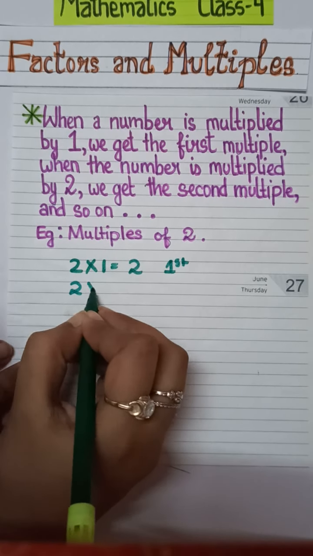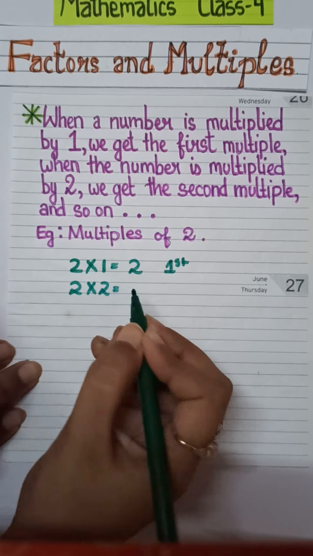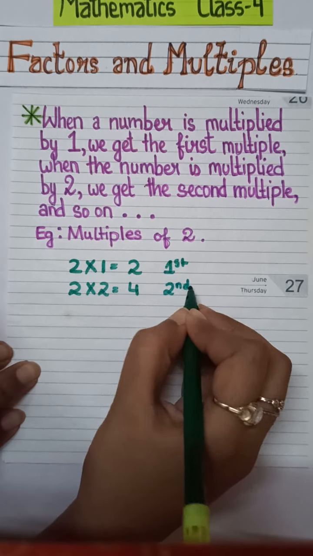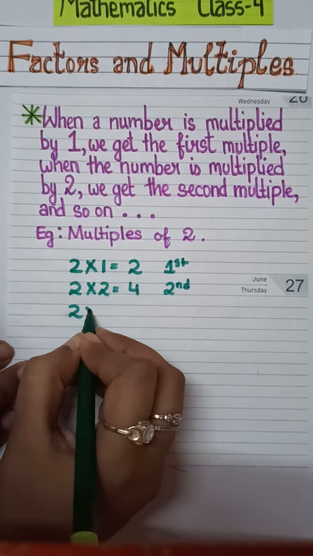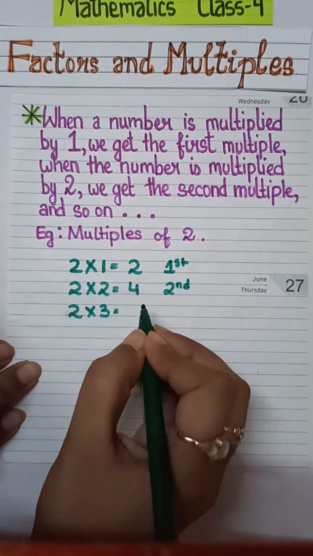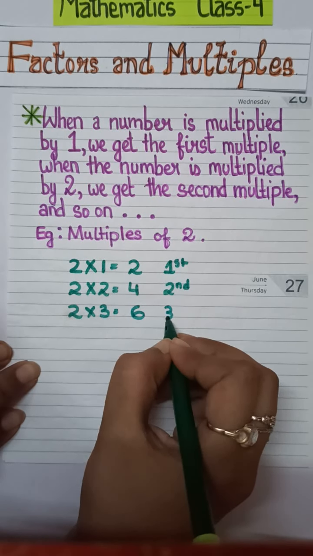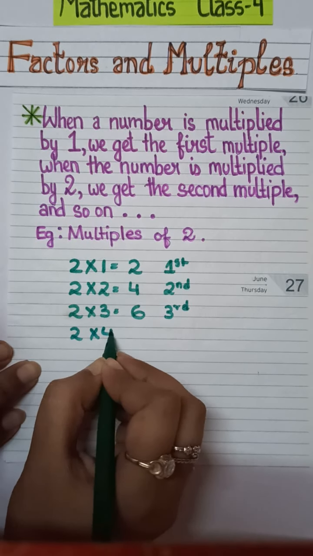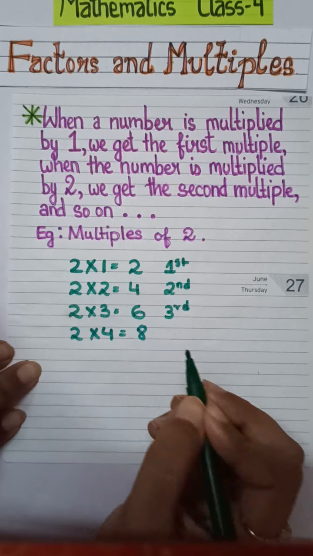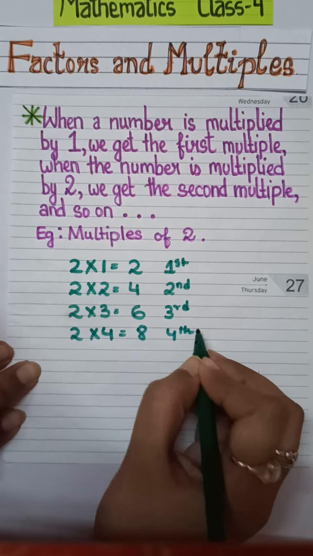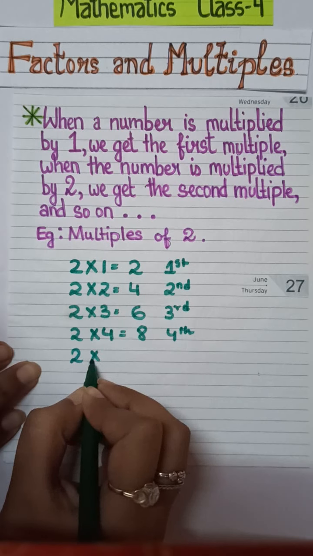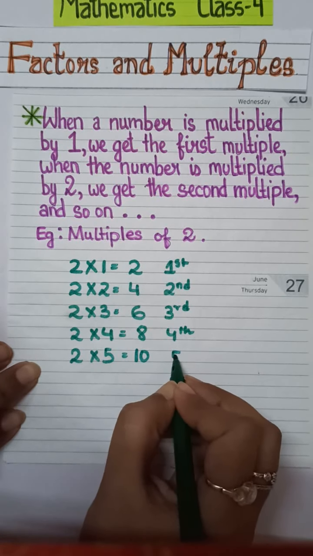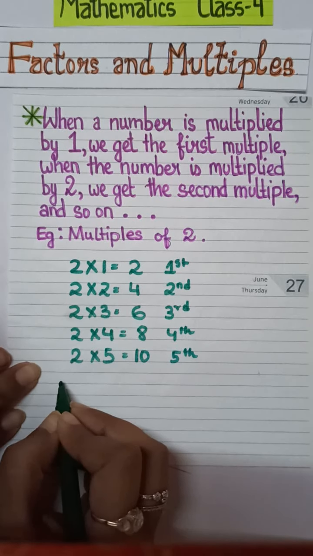Then 2 multiplied by 2 is equal to 4, our second multiple. 2 multiplied by 3, 6 is our third multiple. 2 multiplied by 4, 8 is our fourth multiple. 2 multiplied by 5 equals 10, our fifth multiple, and so on.